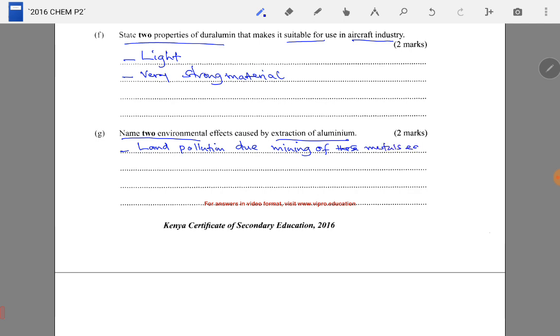So e.g. dangerous open mines or degradation of land due to mining. So you cannot use it for agriculture due to mining.